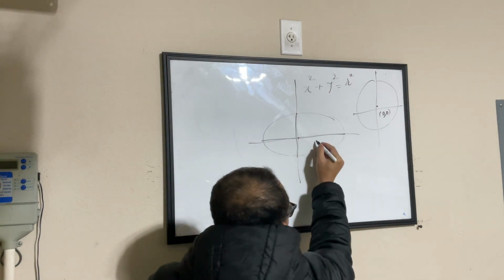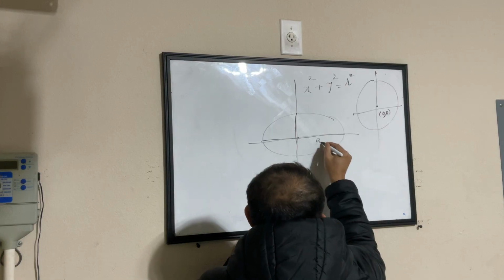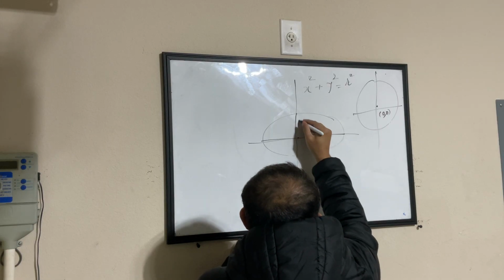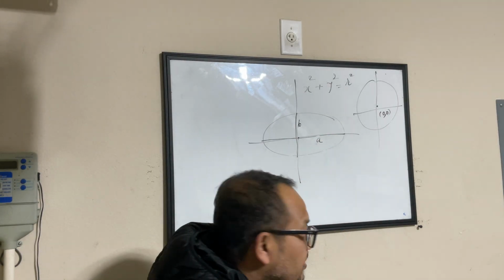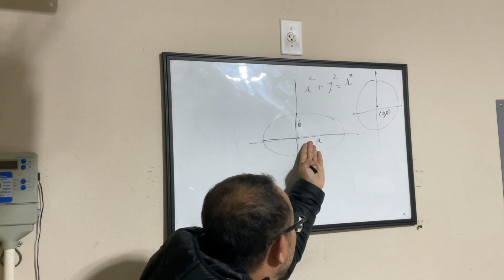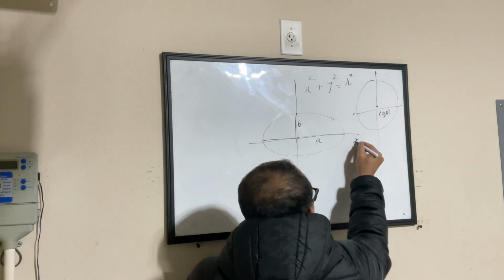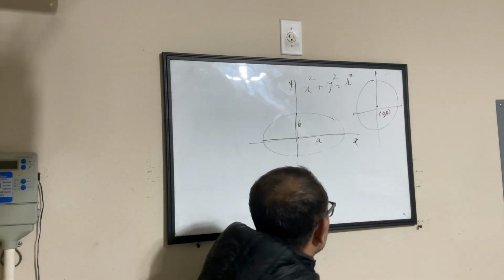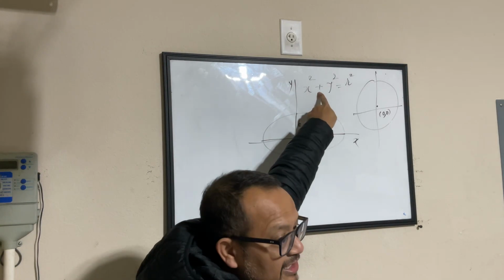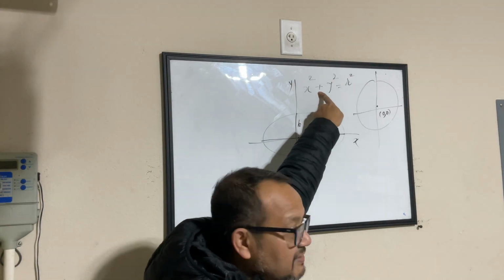So this is called the major radius, which we will give a name like A, and this is the minor radius, which we will name B. Or in a more generic term, A is your radius along the x-axis and B is your radius along the y-axis.